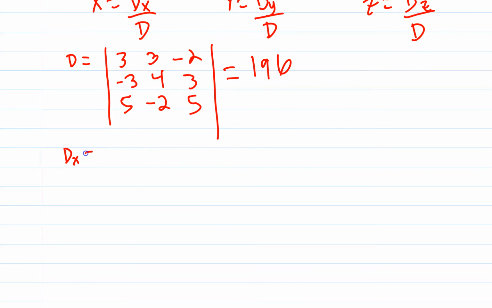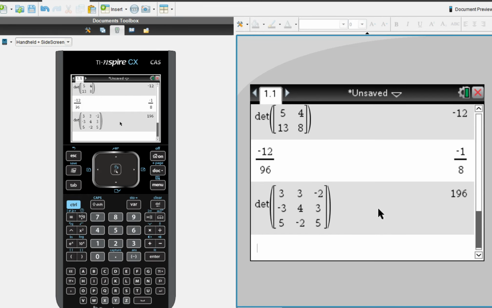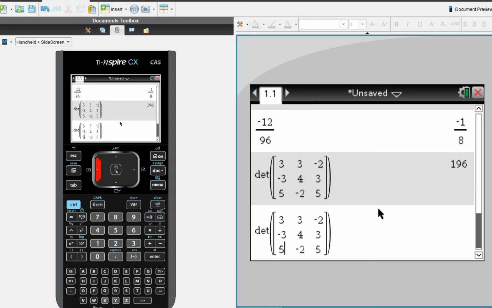Dx is going to be replacing the x's with the 5, 0, and 4, and everything else stays the same. So take this, replace the x's with a 5, a 0, and a 4.